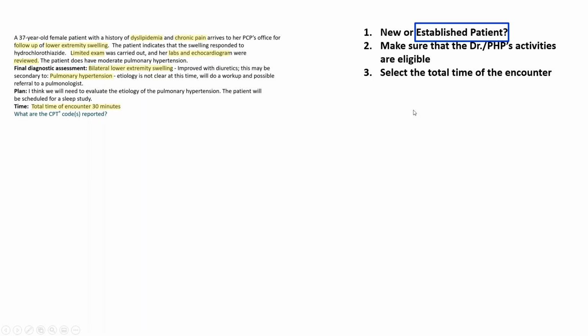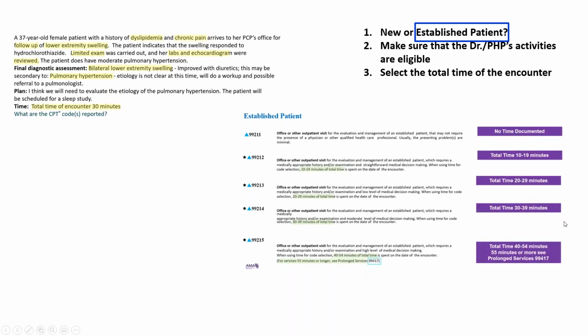And 3, we need to select the total time of the encounter. The total time of this encounter, 30 minutes. Everybody with me? All right. Now let's get to the good stuff. I'm going to put my little code series here.